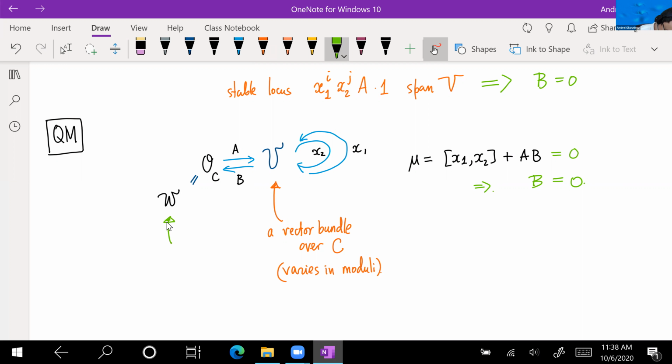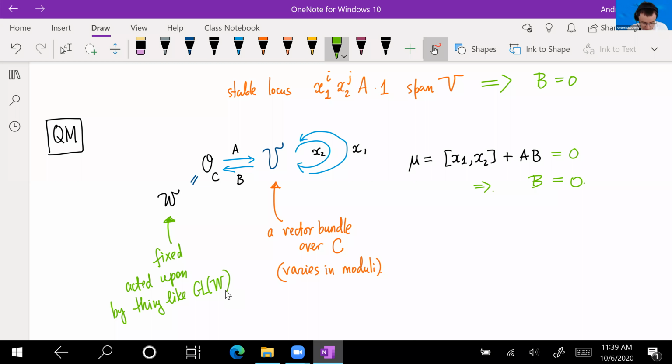And this one here is fixed, and is acted upon in general by GL(W).